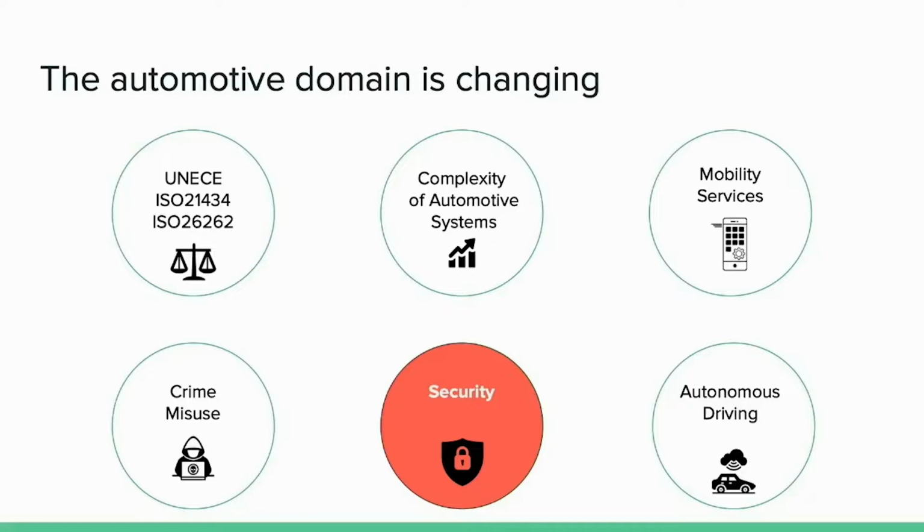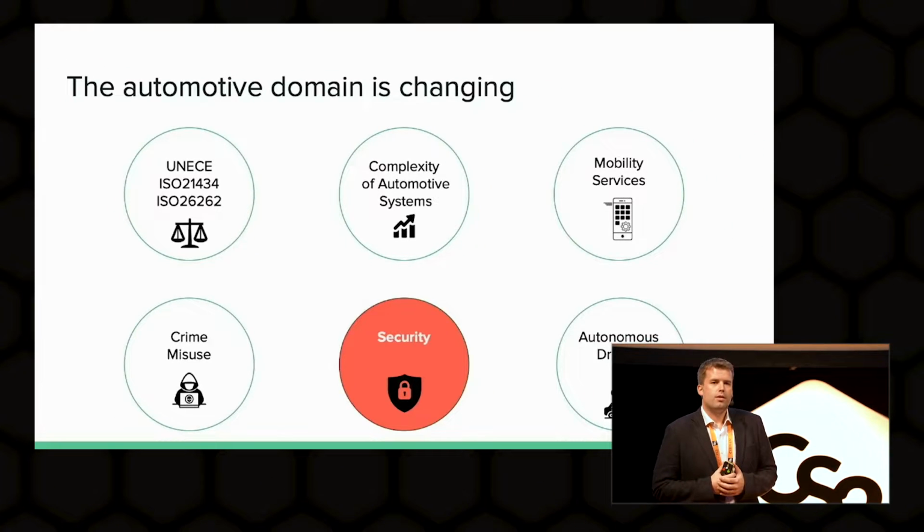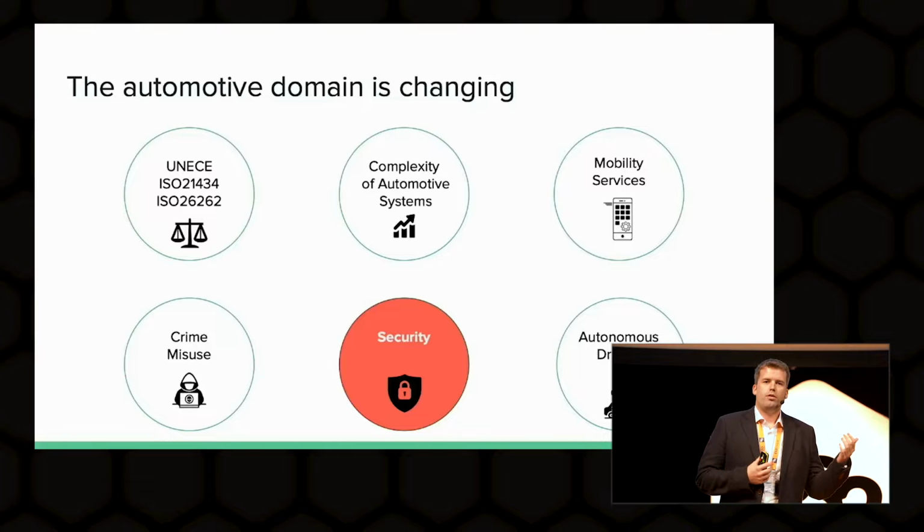You have sensor fusion, so it's getting more complex. We also have mobility services, so you like to connect your mobile device with a car, or the car's connected to your smart home, and you also hook your car up with a charger, and there's communication with the internet, and of course the cars themselves have an internet connection.